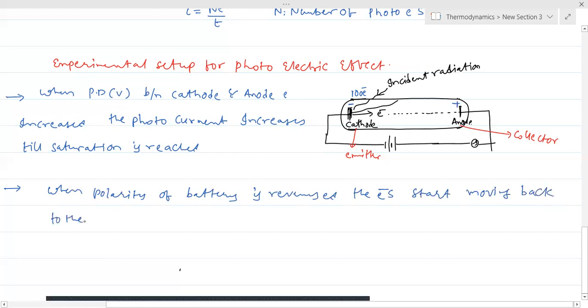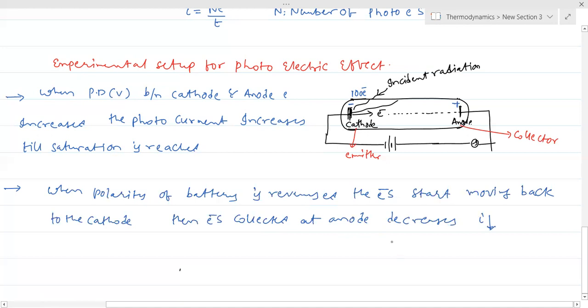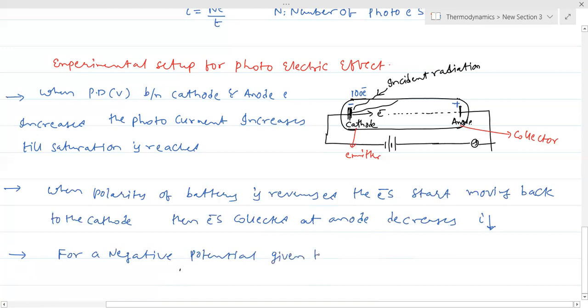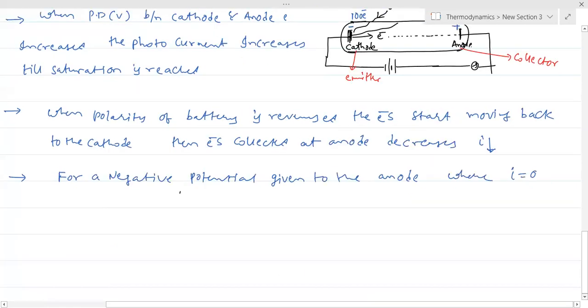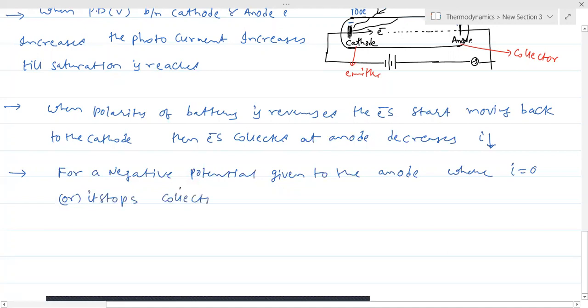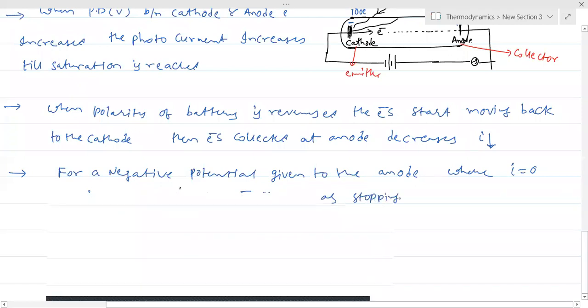So the electrons collected at the anode decrease, and automatically the photocurrent decreases and finally becomes zero. For the negative potential given to the anode where the photocurrent is zero, or it stops collecting electrons, that is known as the stopping potential.